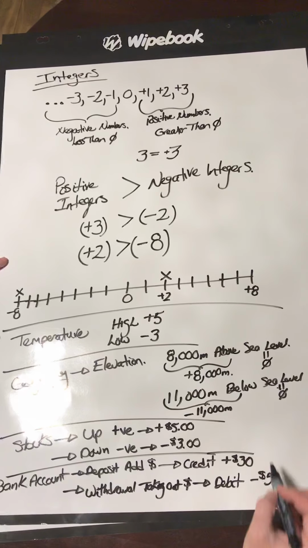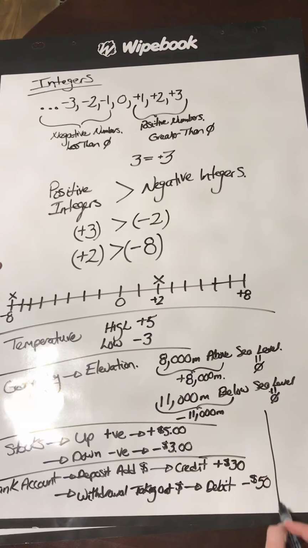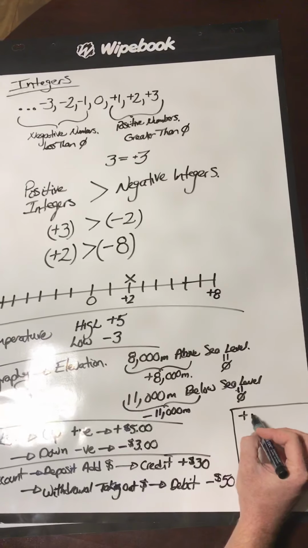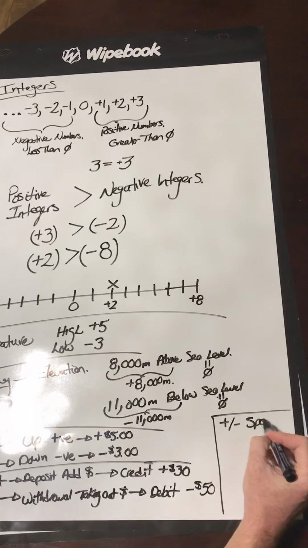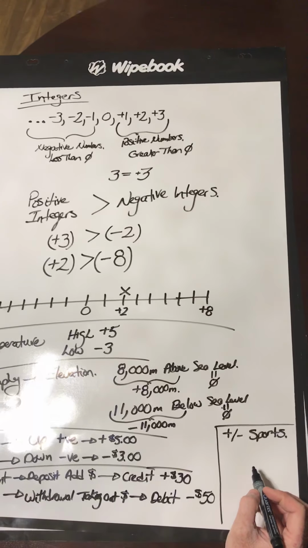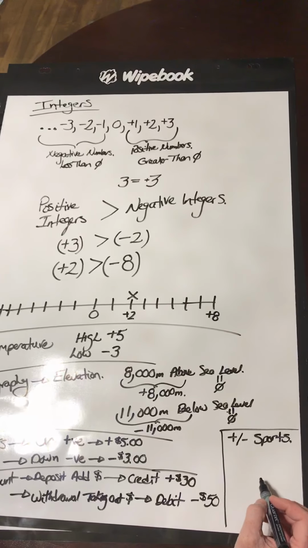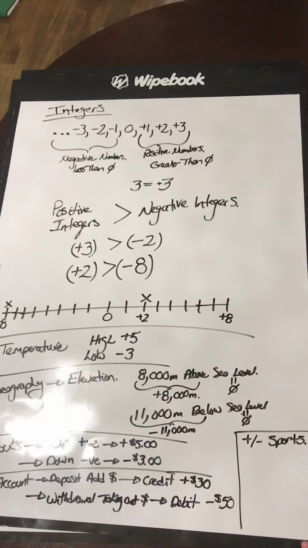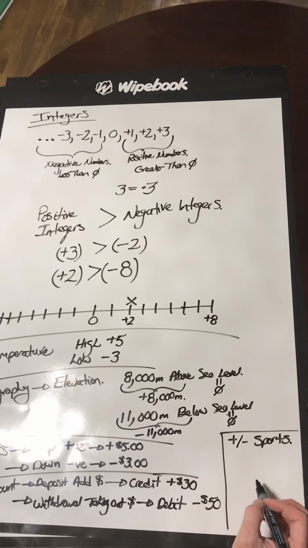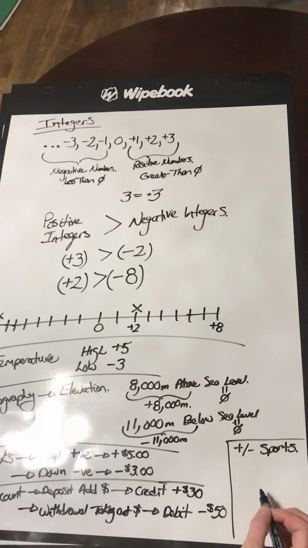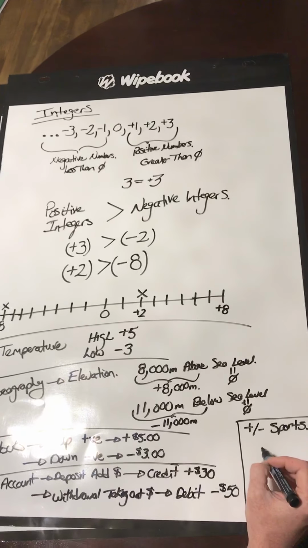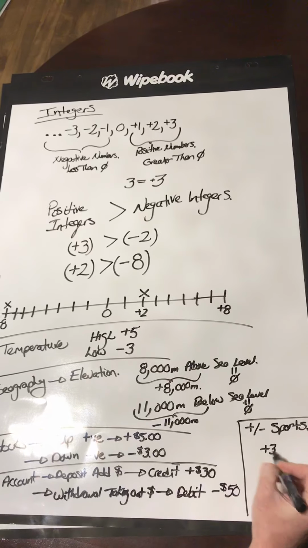The last one I wanted to talk about, and some of you know about this already, is plus-minus in sports. The example I want to use is hockey. Let's say you scored a hat trick. You were on the ice for 3 goals that your team scored because you scored them all, so you are plus 3.